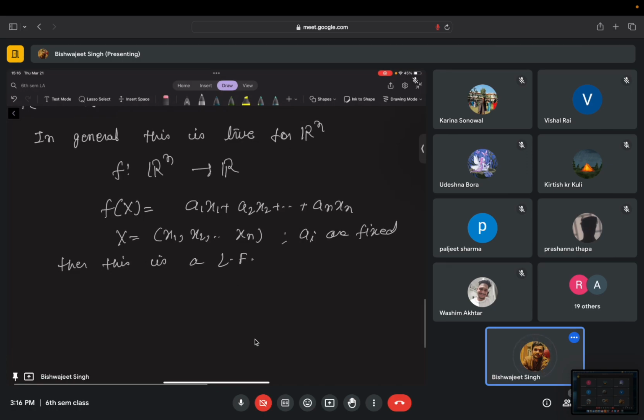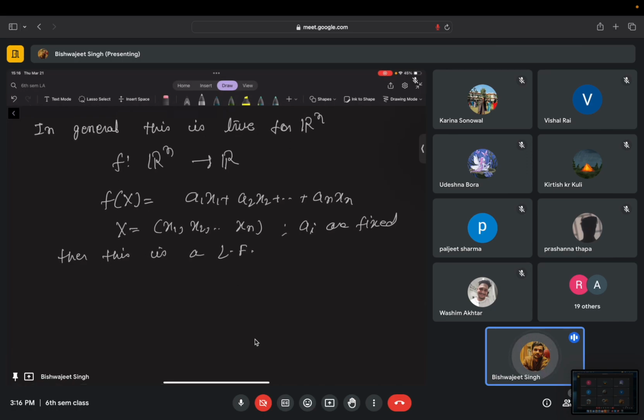So this is exactly the same thing that we have written above. I wanted to write it so that I can have some kind of continuity.